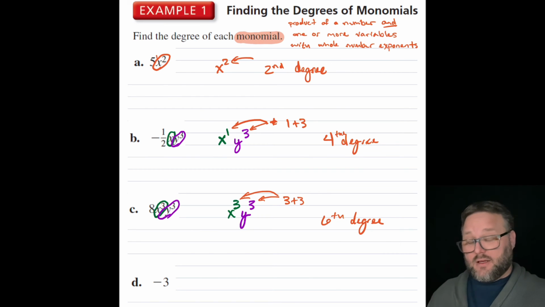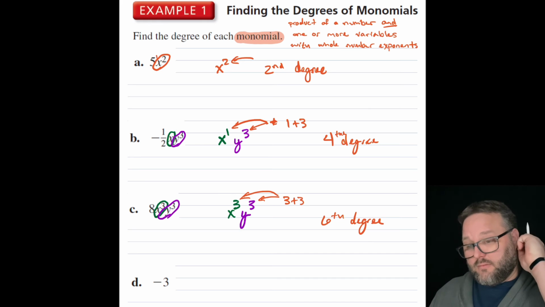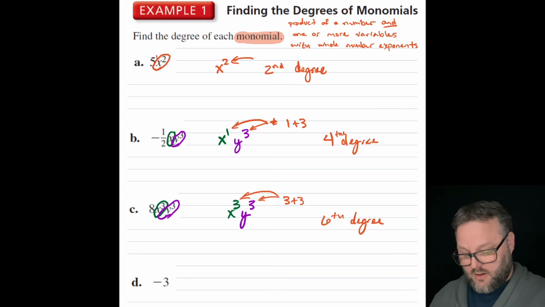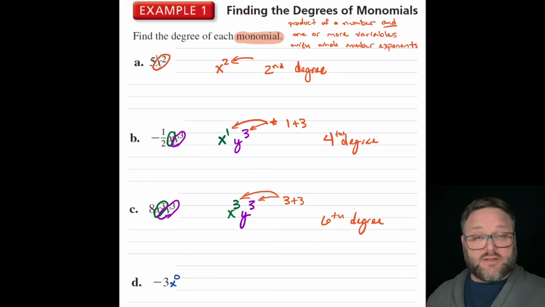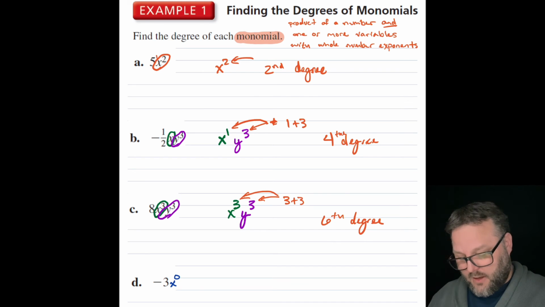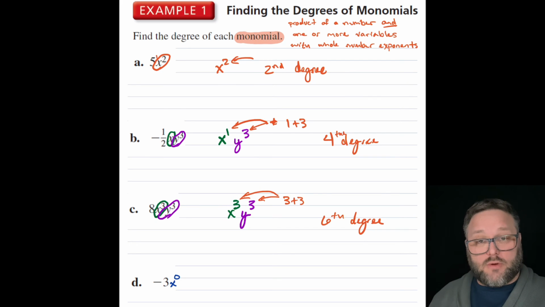Now, D could be interesting if you don't really think about it. This could be x to the 0, because anything to the 0 is 1, and 1 times anything is itself, so the negative 3 could be written as x to the 0, which means it's 0 degree.